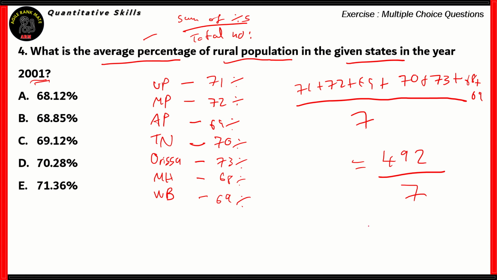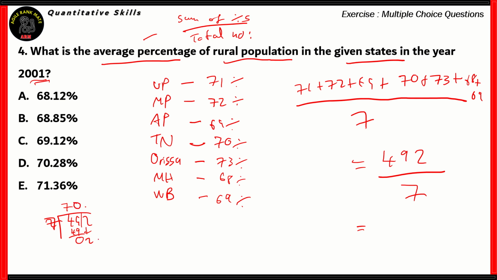Do it yourself. So the sum of the given percentages is 492, and the number of percentages that we have is 7. So 492 over 7, if you calculate that, so 7 goes into 49 7 times. That's 0, so you have a 2.